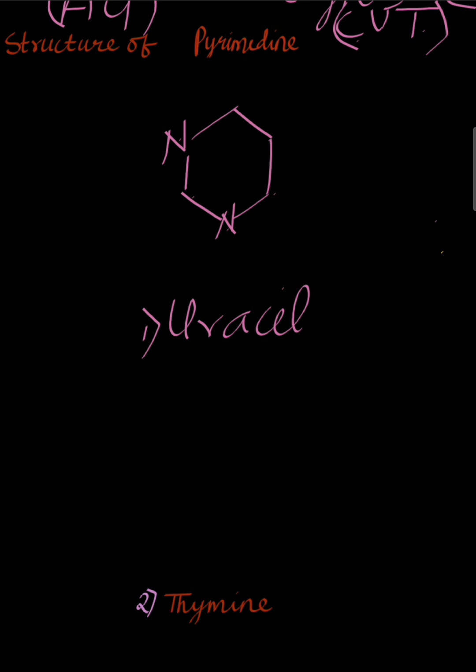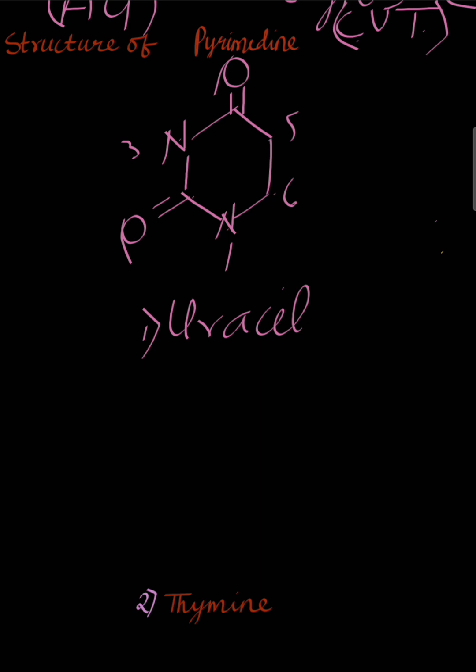So this is 1, this is 2, this is 3, this is 4, this is 5 and 6, right? In the second position of uracil, we have an oxygen group attached. In the fourth position of uracil, there is also an oxygen group attached. So this is the structure of uracil.